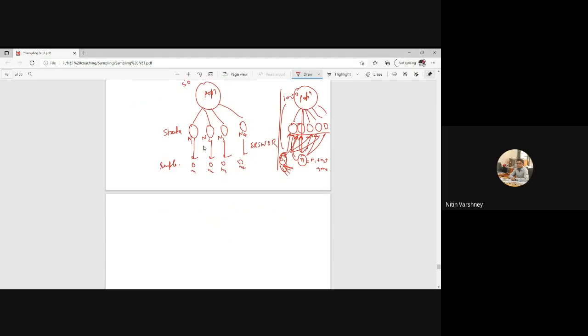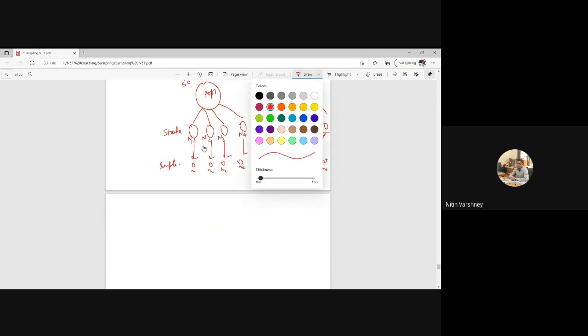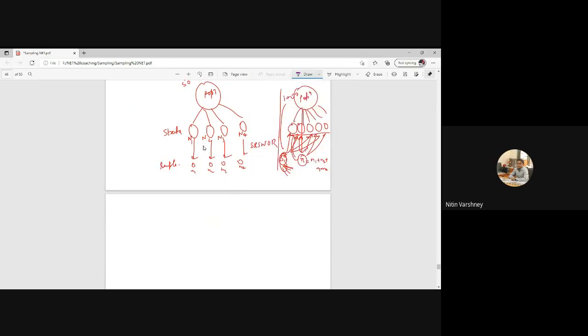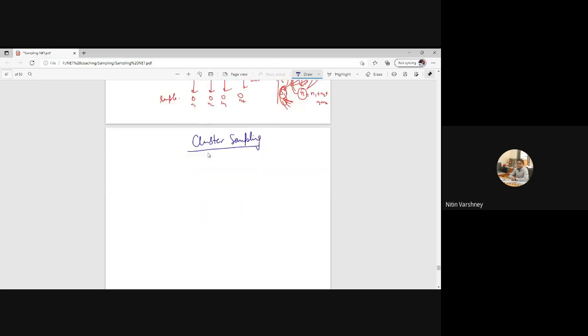Okay sir. Now we will move to cluster sampling. It is also known as area sampling.